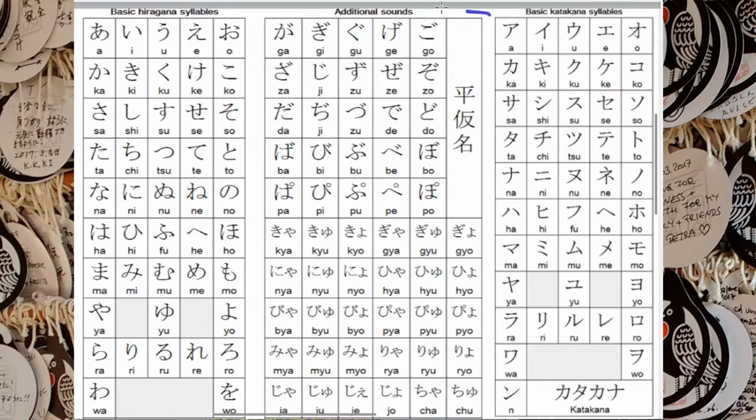So this side, around here, I was going to draw an arrow, I just drew a line, is hiragana. And then this side is katakana. Both of these letter systems make the exact same sounds. There's no difference in that way. However, the main difference is that with katakana, it's used mostly for foreign words.